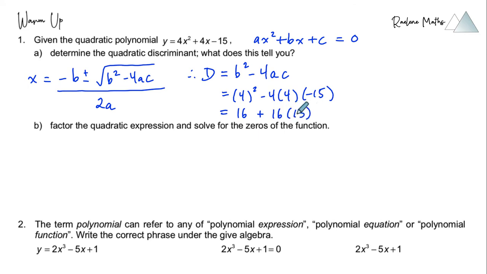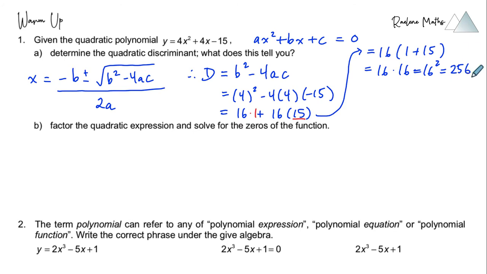I'm not going to multiply these together first. Instead, I see that there's a 16 common factor. If I take that 16 out, I'm left with 16 times 1 plus 15, which is 16. And so 16 times 16 is 16 squared, which is 256.